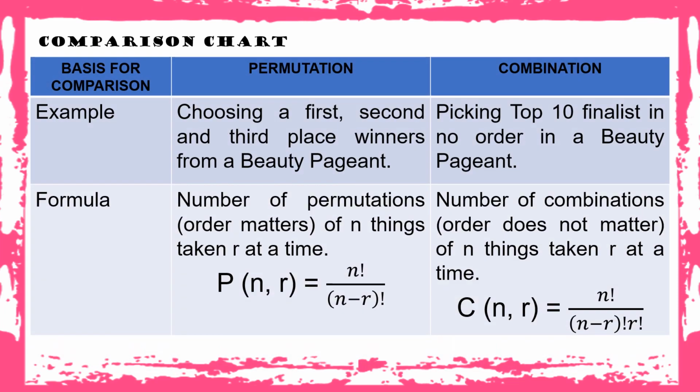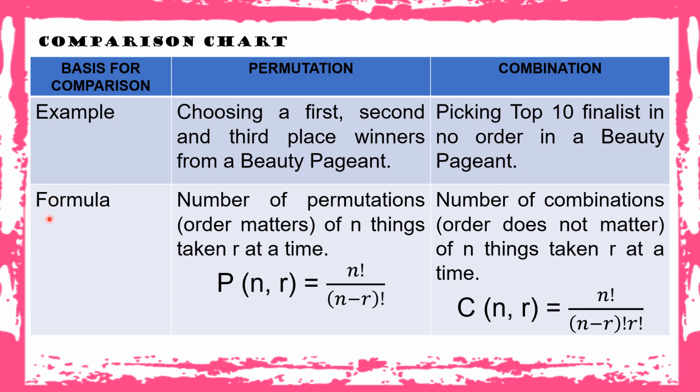Next, to our comparison chart, we have here example. Permutation, choosing a first, second, and third place winners from a beauty pageant. But in combination, we have the example of picking top 10 finalists in no order in a beauty pageant.